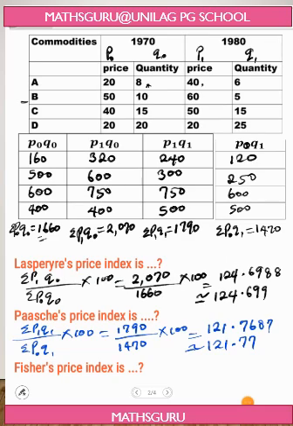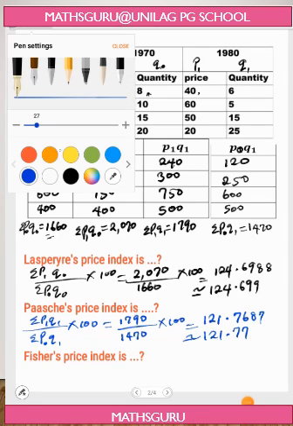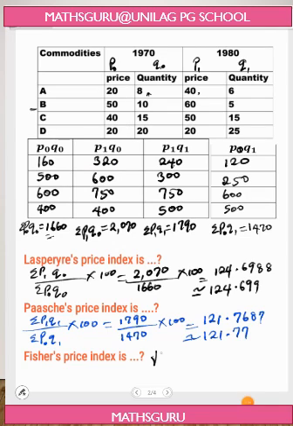To calculate Fisher's Price Index, remember we said we are going to simply take the square root of the Laspeyres' price index, 124.699, multiplied by the Paasche's price index, 121.77.